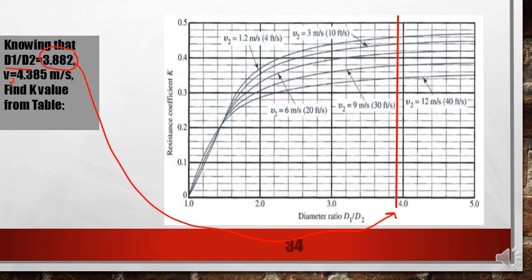So it is somewhere between the line of 3 and the line of 6. It lies between the 3 and 6, so you have to get the point for 4.385. As you can see here, I estimate it somewhere around there. So the K value is 0.42.